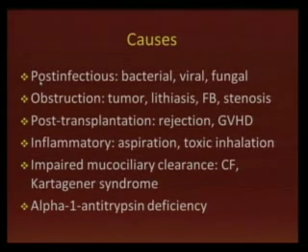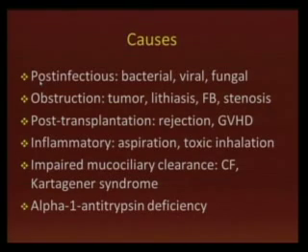But bronchiectasis is not a disease, it's a sign or a finding. So bronchiectasis can be associated with many causes. It could be post-infectious, secondary to an obstruction, or secondary to a resection after a transplantation.